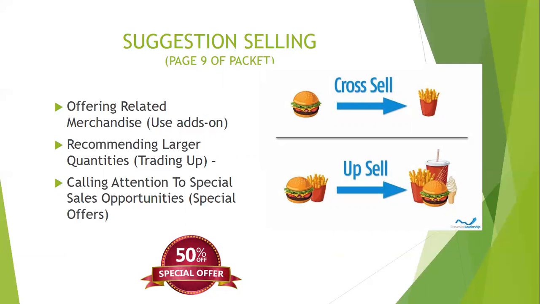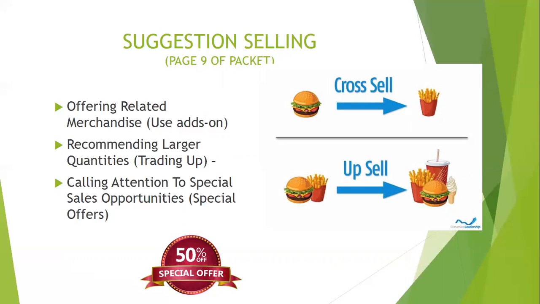Another thing you can do is recommend larger quantities or trade up. So again, a person orders burgers and fries, and then the salesperson asks them, would you like a combo? So that's recommending larger quantities. And the last one is calling attention to special sales opportunities or special offers.